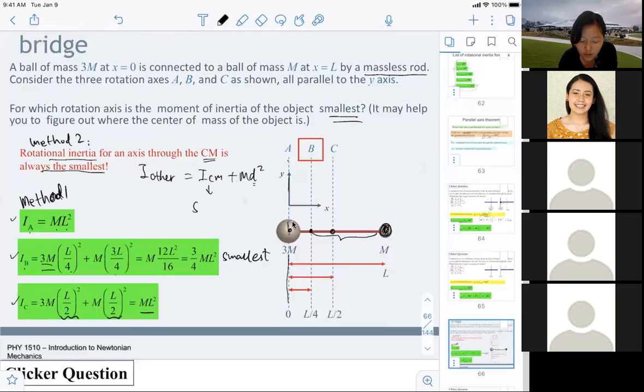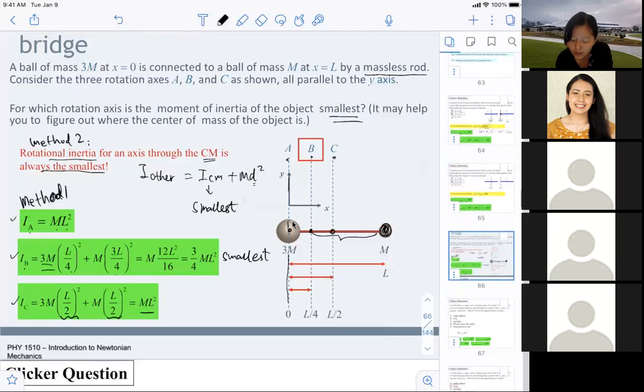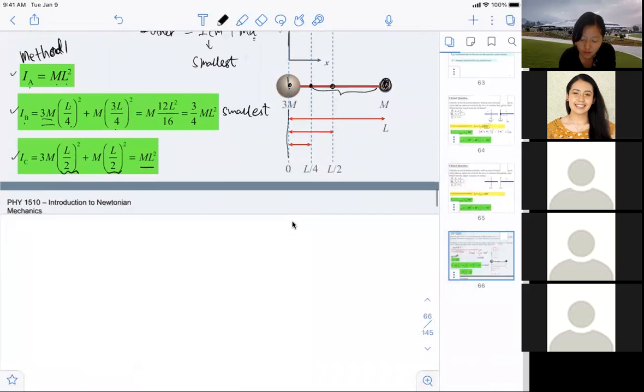So this is always the smallest. So let's just see where the center of mass is. Is it at point A, at point B, or at point C? Do you guys still remember how to find the center of mass? Given this distribution, x center of mass is, so how do I calculate this? Do you still recall?